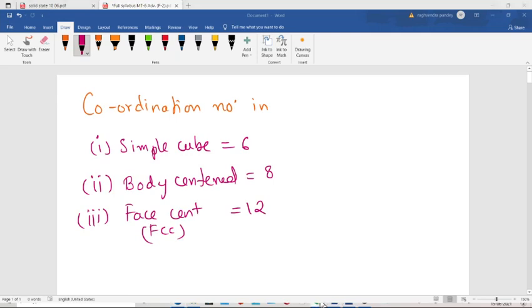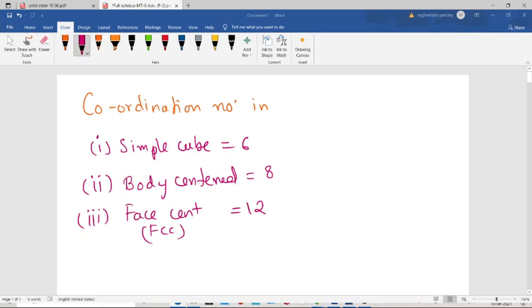See, this is only one face. So there are other faces also. Suppose we see this one, this is another face.